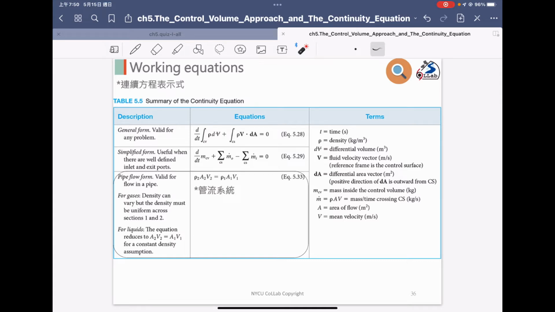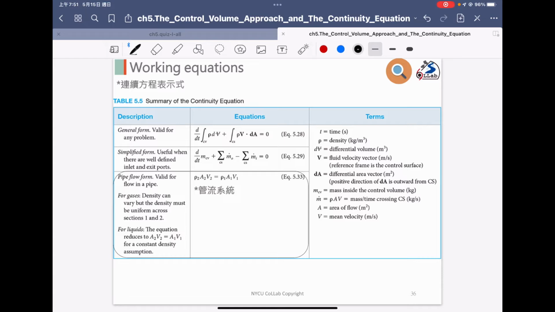And the final one is especially for pipe systems. As you can see, for this item, we don't have the mCV change with time. We only have the outflow rate and the inflow rate balance. Okay, so this is a special case for continuity, especially for pipe systems.